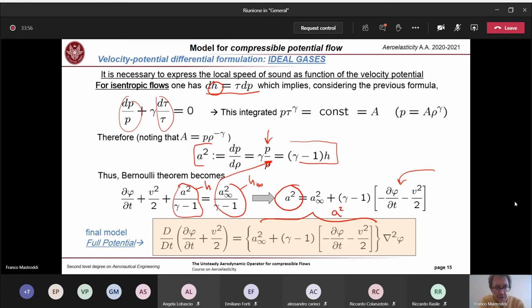Okay, so this is our final equation, also known as the full potential equation. As you can see, for the compressible flow, this equation is not linear at all. It's not a simple Laplacian, but we have a Laplacian in the right-hand side here, and we have something else, as you can see.